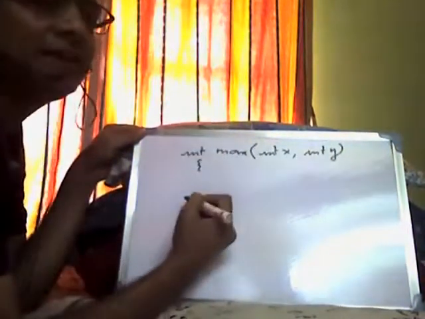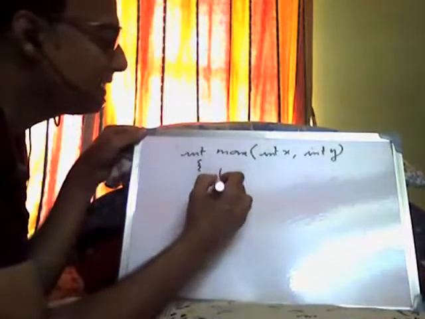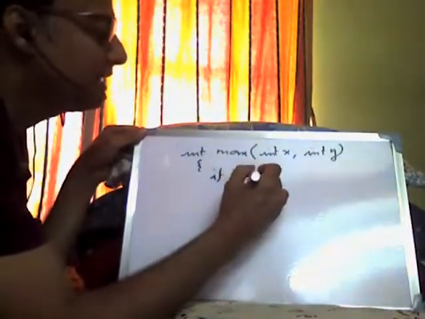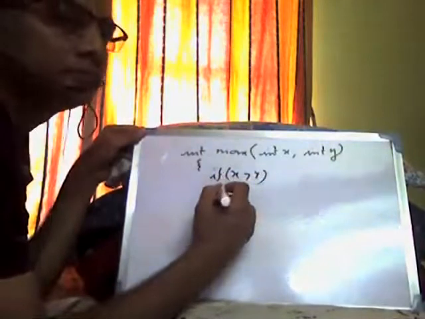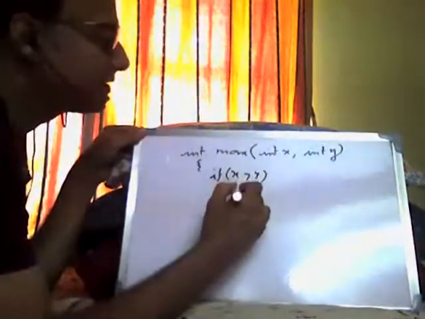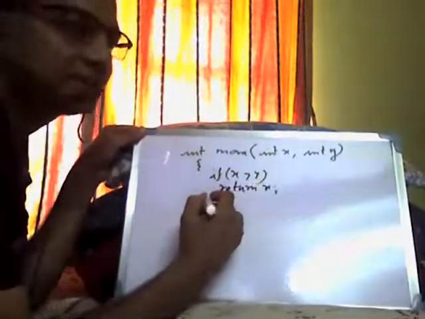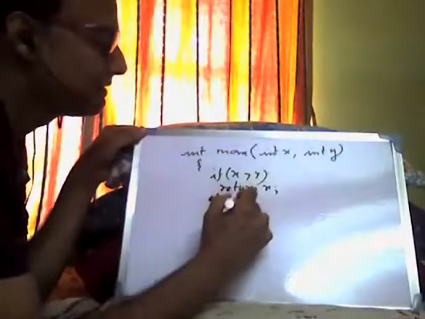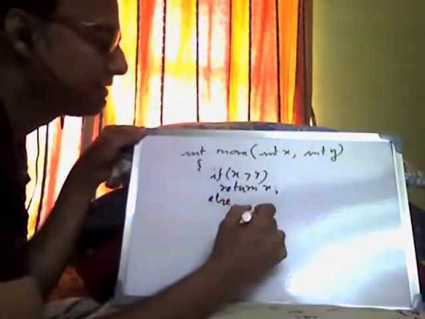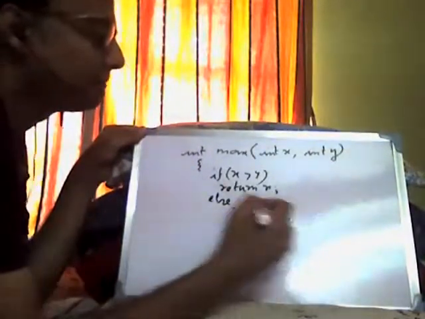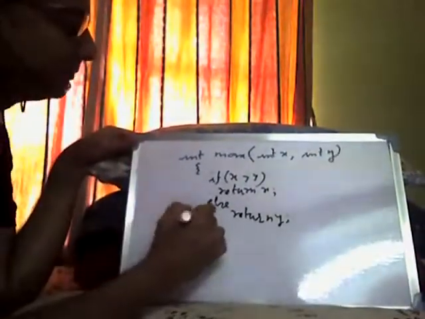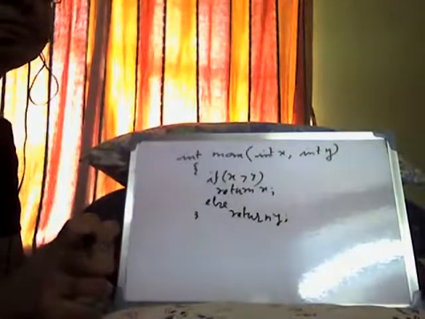Here, if x greater than y, then return x, else return y. So this is the user defined function.